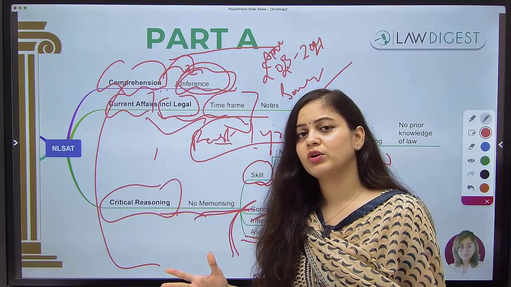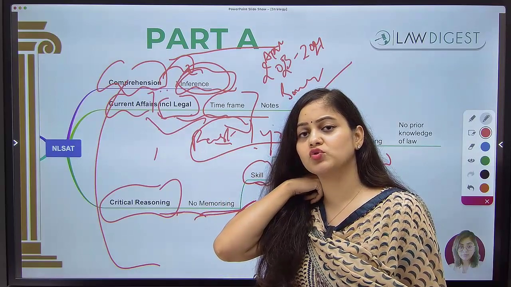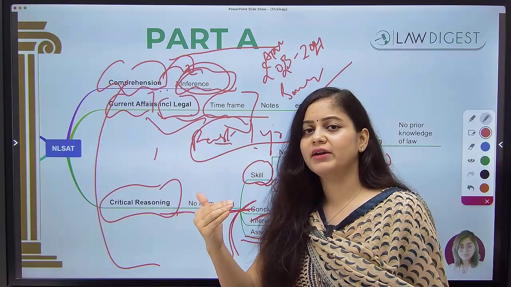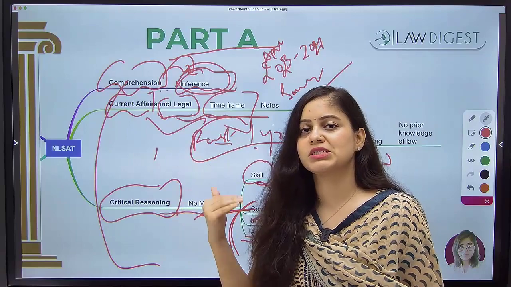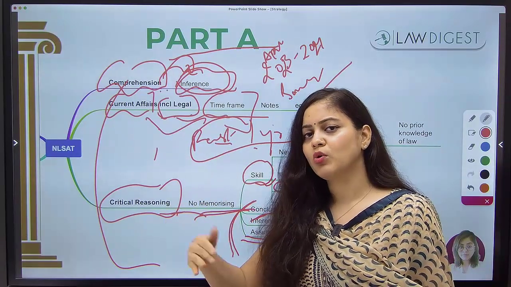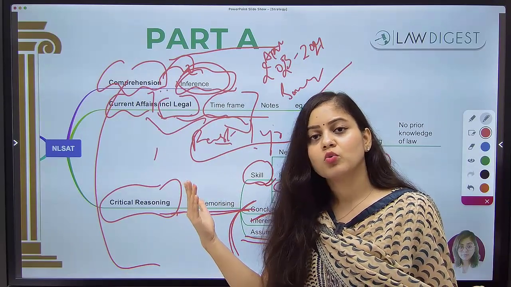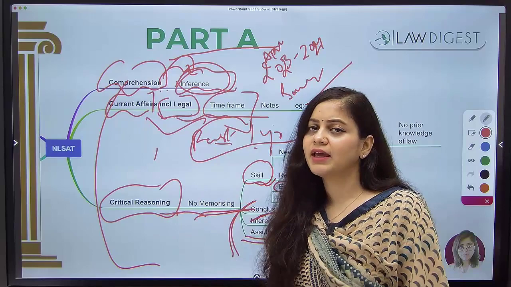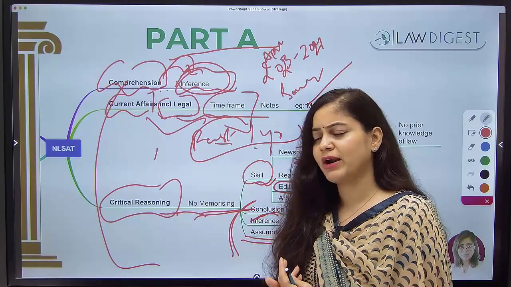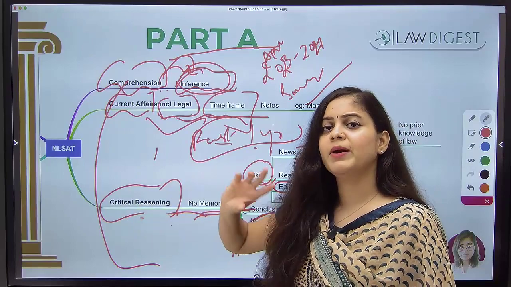In critical reasoning, you might find questions on statement assumption, statement conclusion, statement reasoning. Pick up any book, be it GMAT, MBA or CAT books, where these things are there. That can give you some practice, although it might not be very accurate to how it is asked in the examination, it will give you an idea.